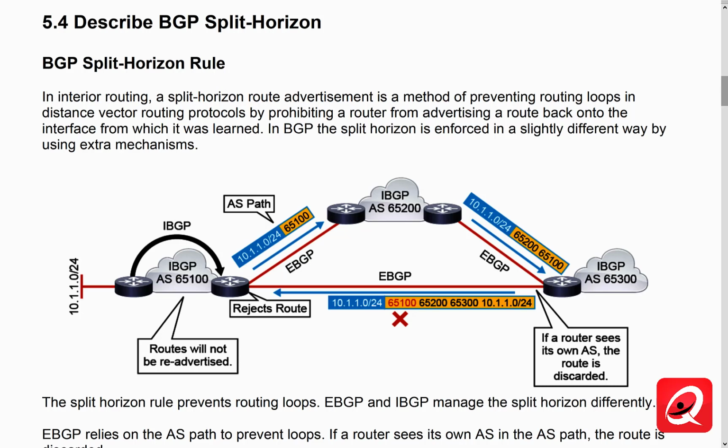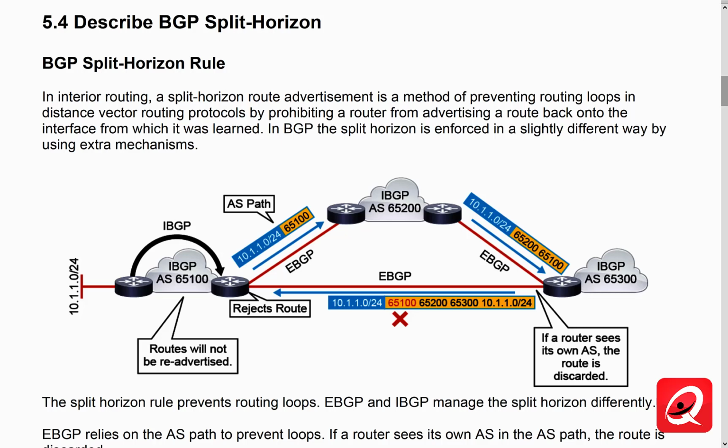I can essentially send a BGP update for those prefixes that I'm learning from an eBGP peer. There's no restriction for that. All right. So, like I said, eBGP relies on the AS path attribute, and iBGP relies on this strict split horizon rule. All right.